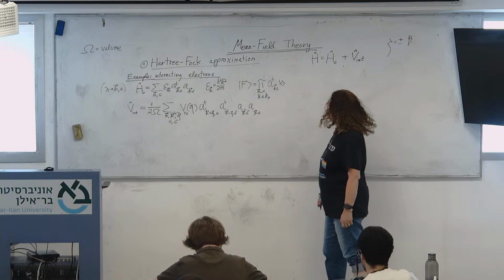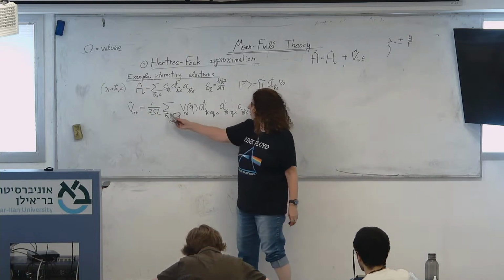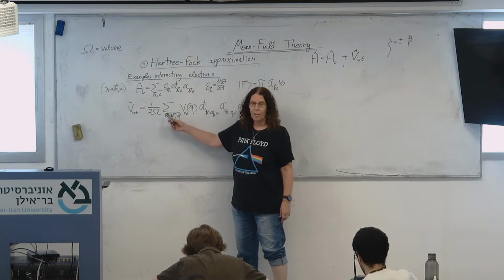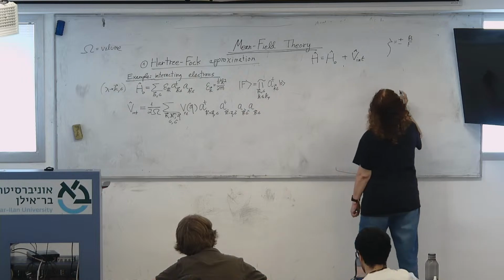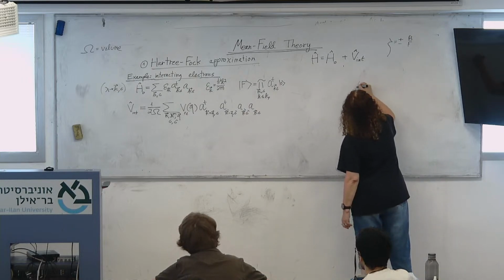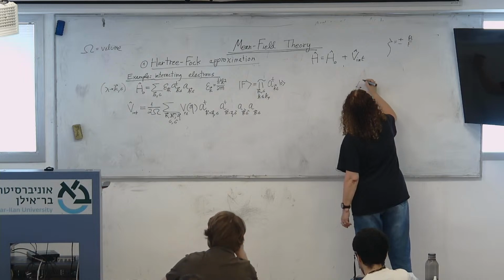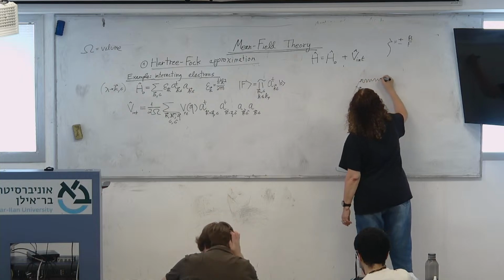Okay? And once again, why do we have only 3 indices? Because there is conservation of momentum. I'm writing down here on the side the diagram that describes this process. So it looks like this.